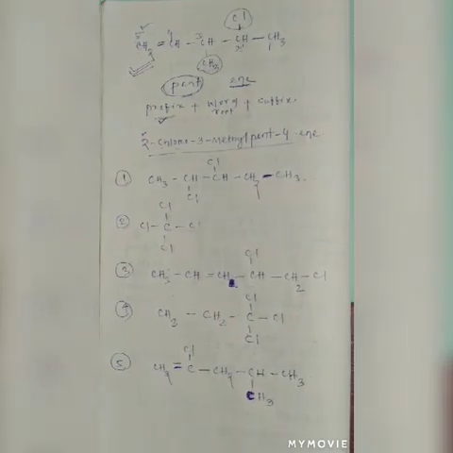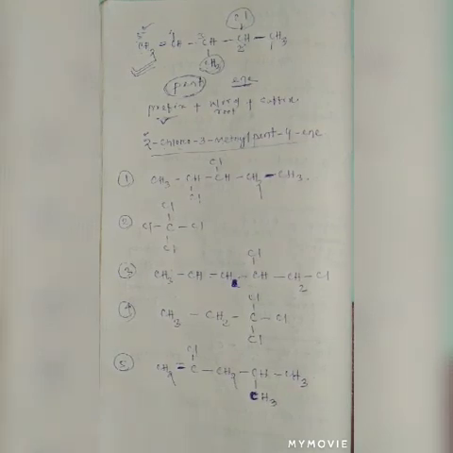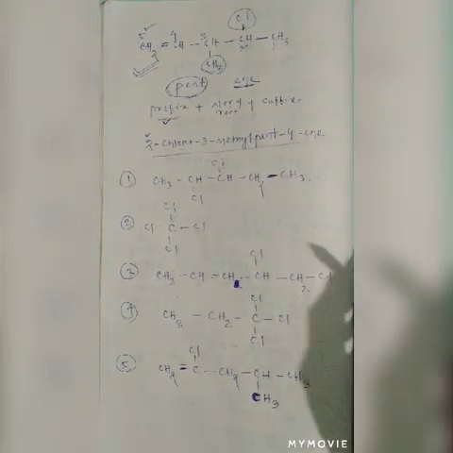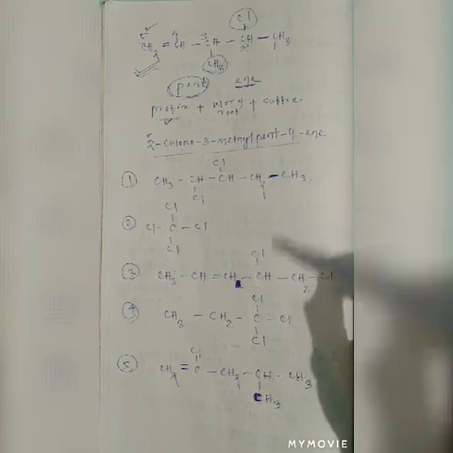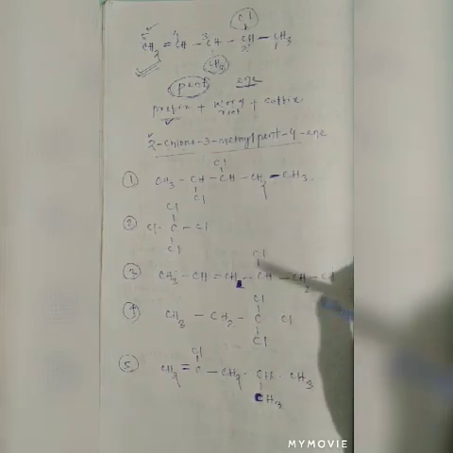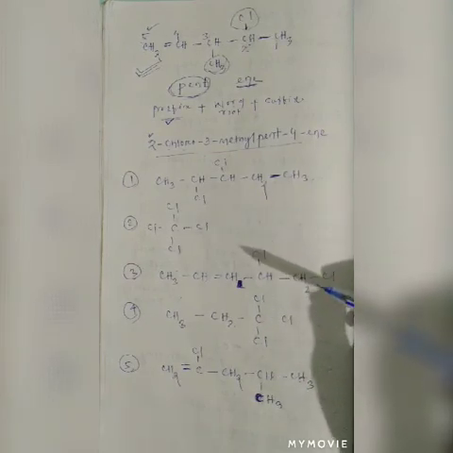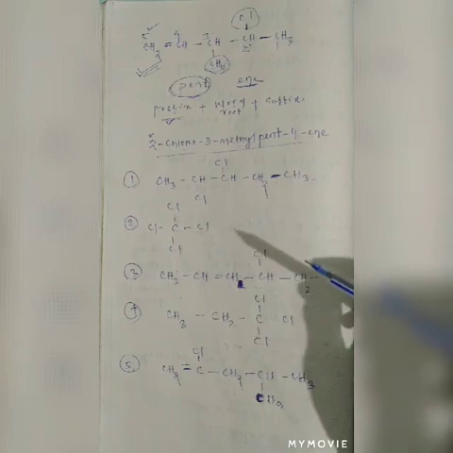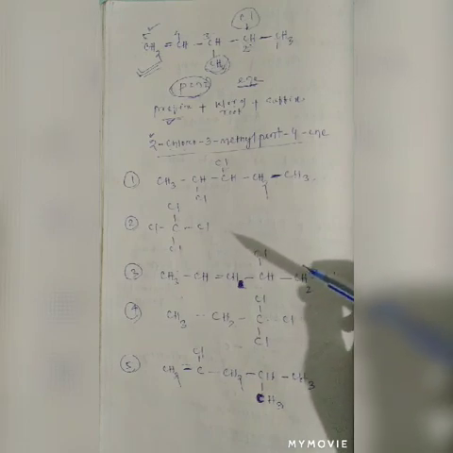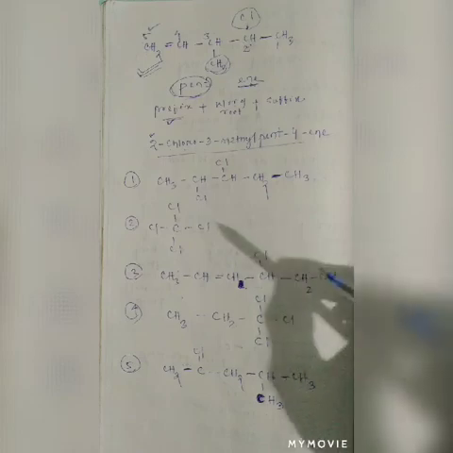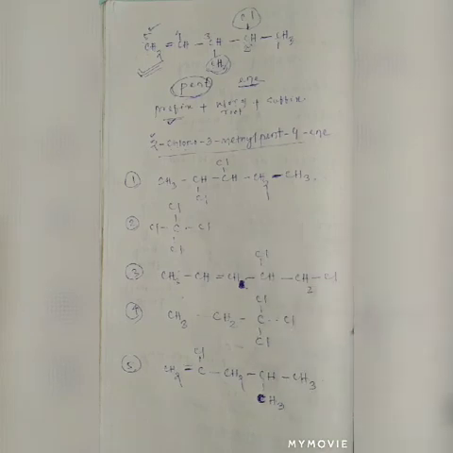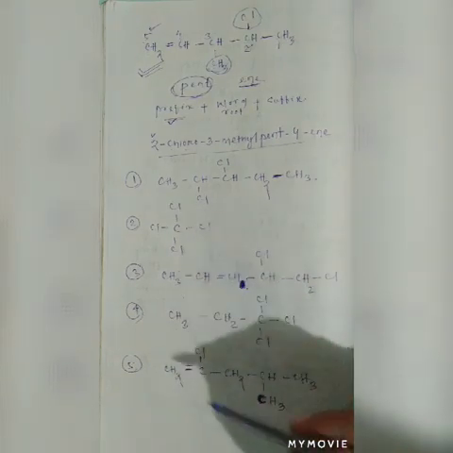Now your homework is, you can write all the names of these questions and practice all the questions related to haloalkanes, how to name according to their IUPAC system. Practice all the names of these groups and write all the questions.